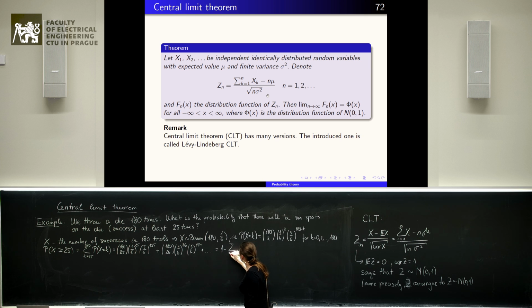So it means that it is 1 minus the sum for k from 0 to 24 of the probability that x is equal to k, but still, again, a crazy sum which starts quite reasonable, but at the end we have again 180 choose 24 times 1/6 powered by 24 times 5/6 powered by 156.